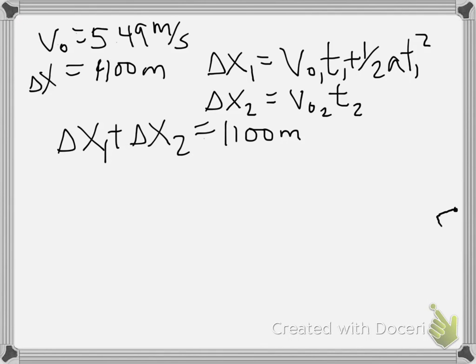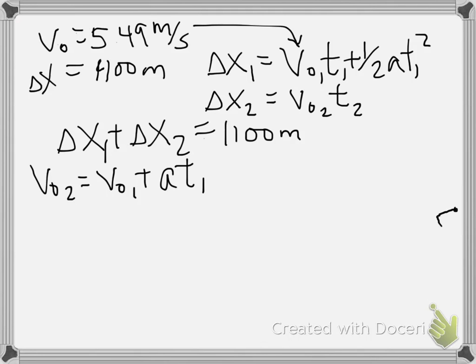I told you you're not going to like this. It's complicated. So we know v initial 1 is 5.49, so we'll be able to plug that in there. We know v initial 2 is going to equal v initial 1 plus that acceleration times t1. So however long you're accelerating at that 0.15, that'll tell you v2.